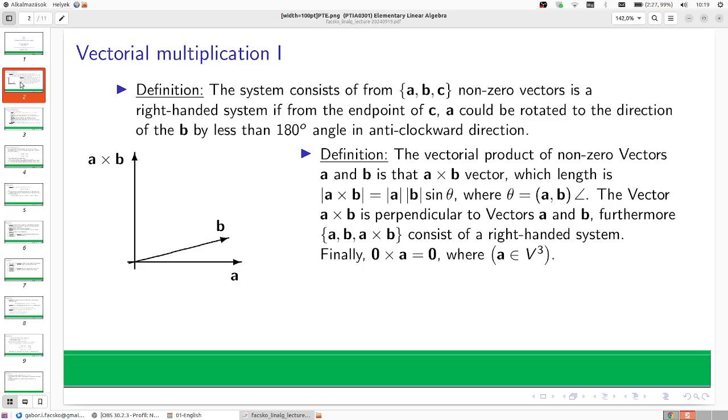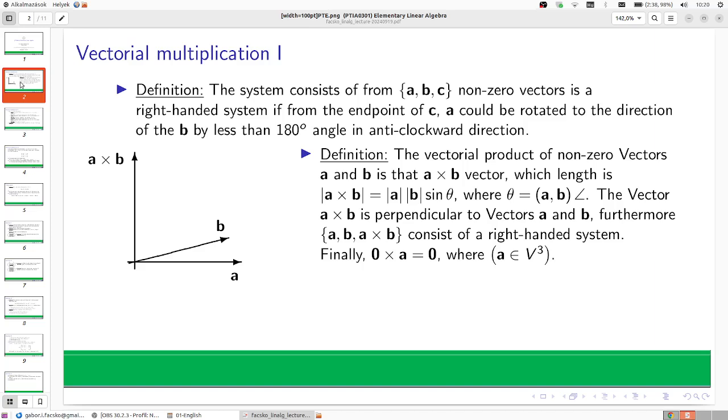It's trying to describe that you are looking from vector C, and then you can turn the vector B in anti-clockwise direction, and this angle is less than the straight angle, 180 degrees. Yeah, nice. But if you have your hands, then it's easier.